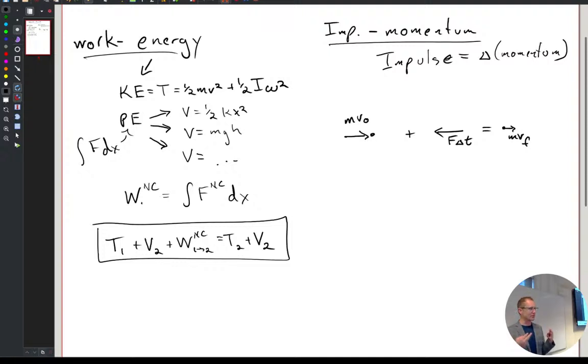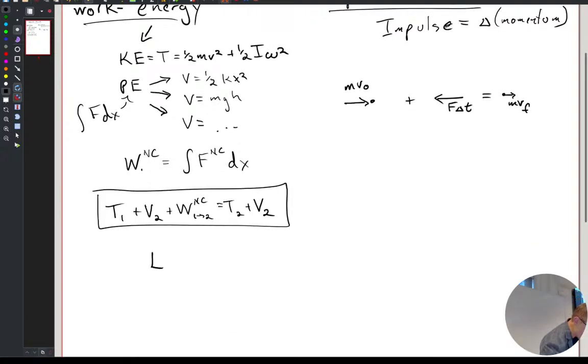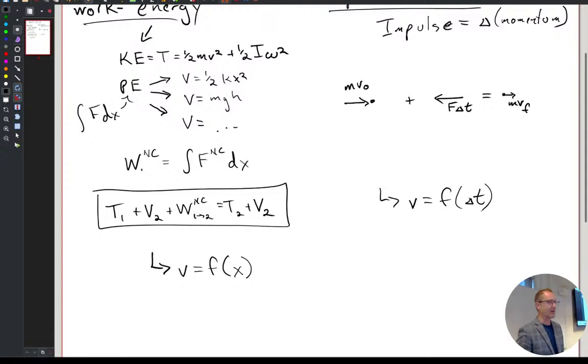So module 3 was, the only point of module 3 was, how do I take these force vectors and turn them into an equation of motion, some kind of second order differential equation. With work and energy, we always end up with velocity is a function of position. And in this one, we always end up with velocity is some function of like a small change in time.